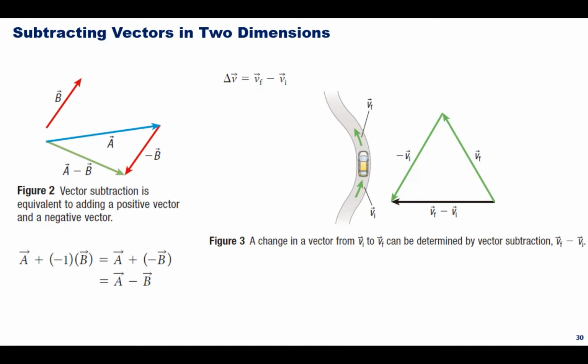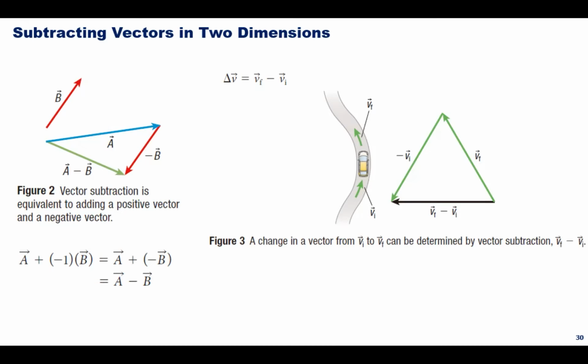So what does subtracting vectors mean physically? When a vector changes over an interval of time, the physical quantity of interest is the measure of the change, or the difference between the vectors in that time interval. For example, consider a car following a curve on a level road, as shown here in figure 3 on the right. Even if the driver keeps the speed of the car constant, the direction of the car changes.